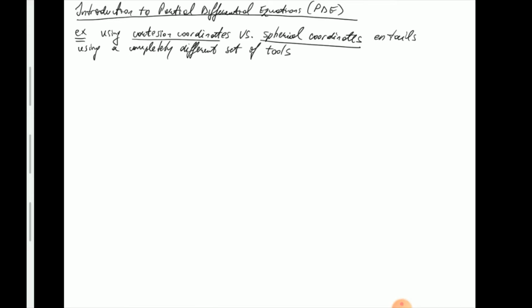A completely different set of tools, which basically will require in turn maybe a chapter to learn in order to deal with those. So this is not to put a damper on the mood in the beginning, but just to anticipate why this subject is so vast, and why we basically cannot really cover the same type of generality that we could cover in ordinary differential equations.